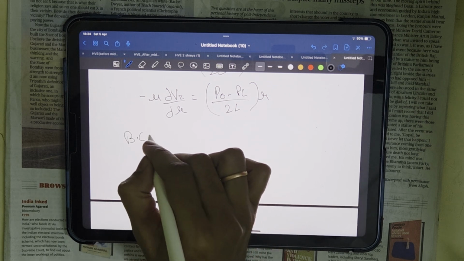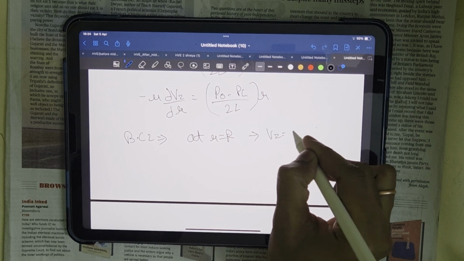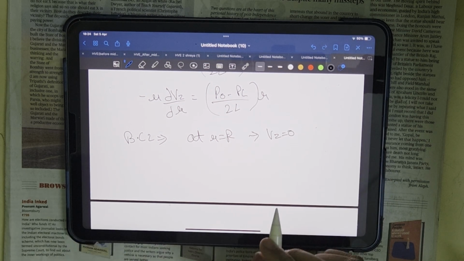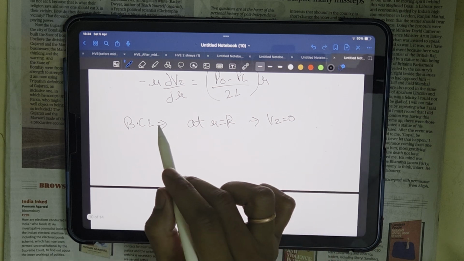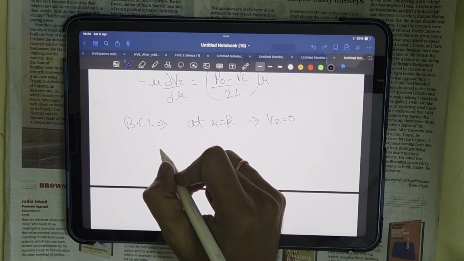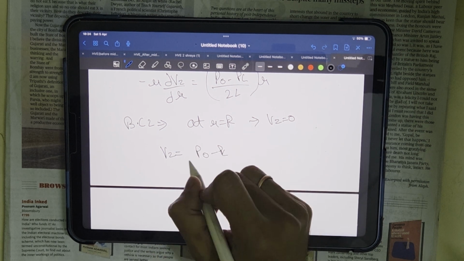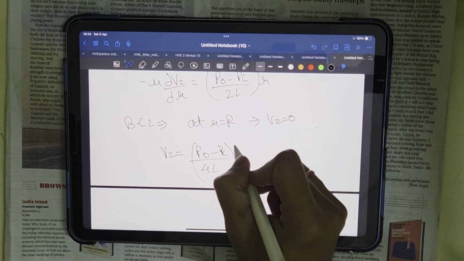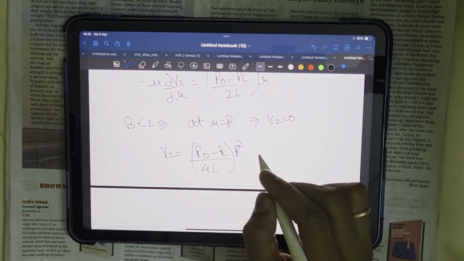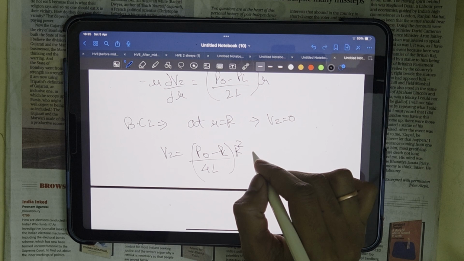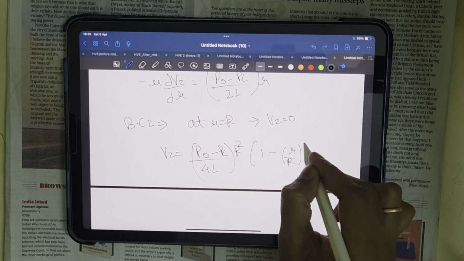Boundary condition number 2: at r equal to R, capital R, Vz is 0. We will look into this after integrating the equation. After integrating the equation, we get Vz equal to (P0 minus PL) upon 4 mu L into R square into 1 minus (r upon R) the whole square.